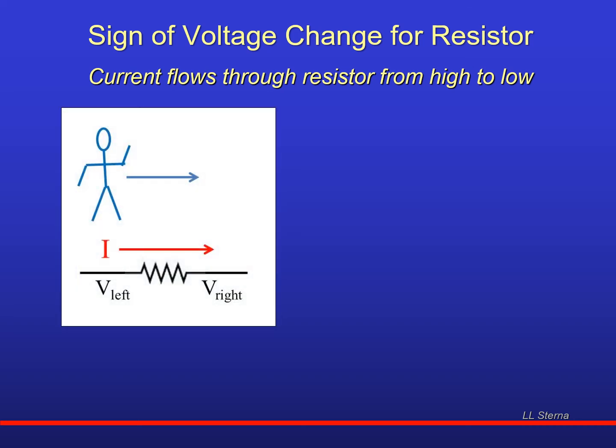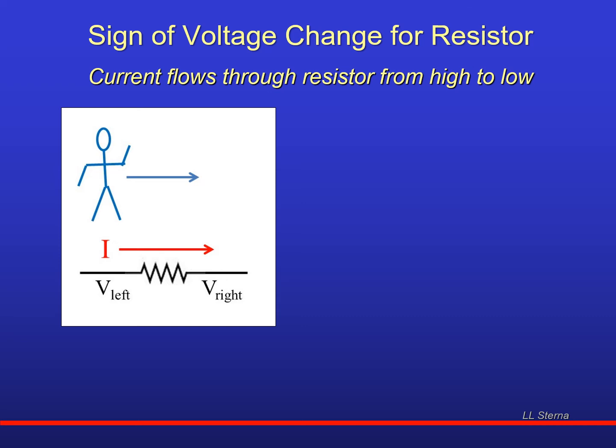Therefore, here you are, you're walking along from left to right, and you notice you're walking the same direction the current is flowing. Current flows downhill. Therefore, you must be walking downhill.